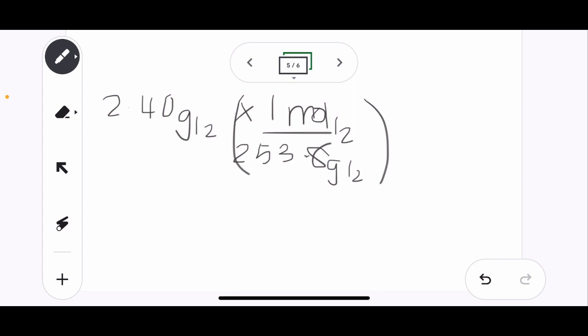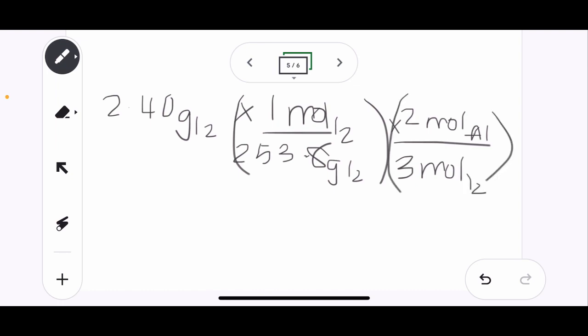And then we're going to go into the mole ratio of limiting reactant to excess reactant. So on the top we'll go 2 moles of aluminum, because that is the reactant we want to end up in. And then on the bottom we'll go 3 moles of iodine.